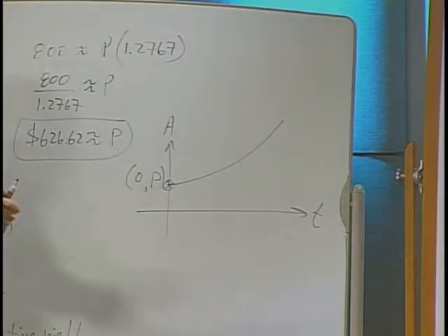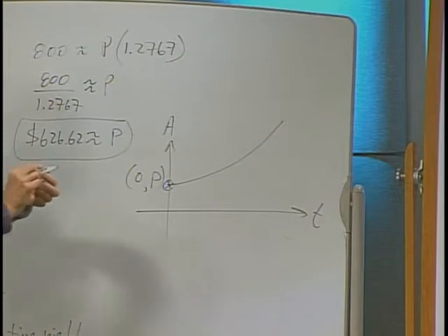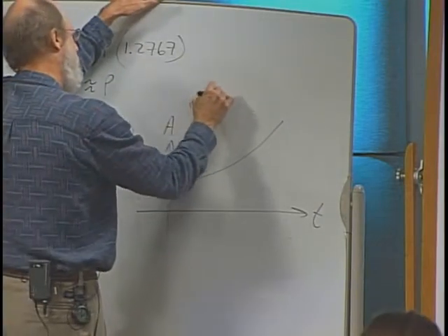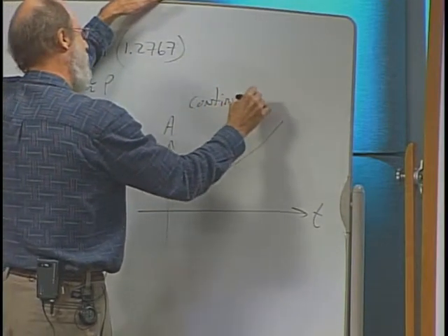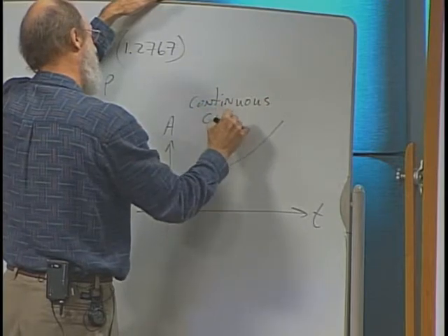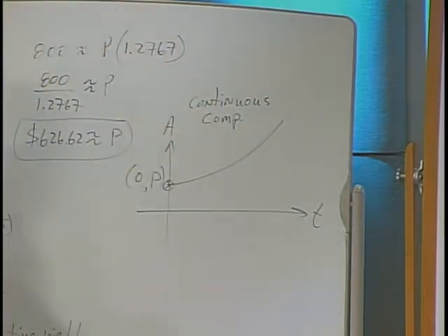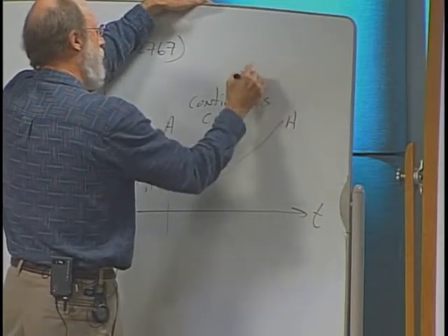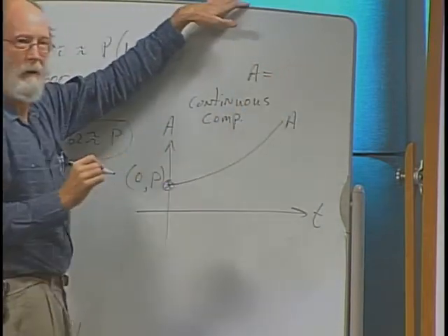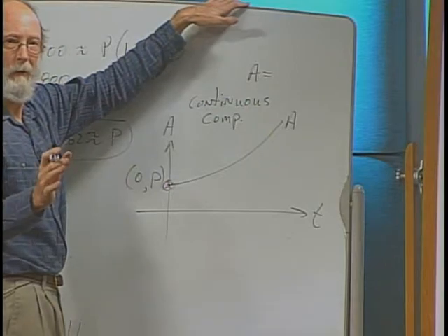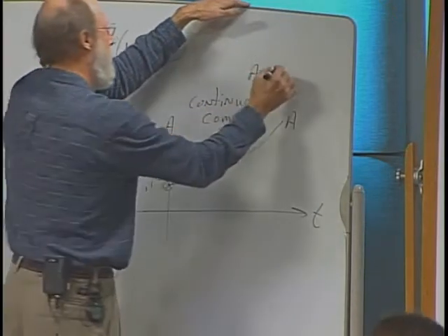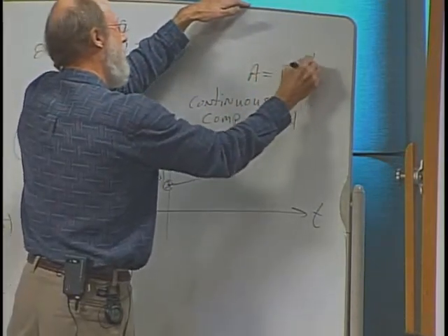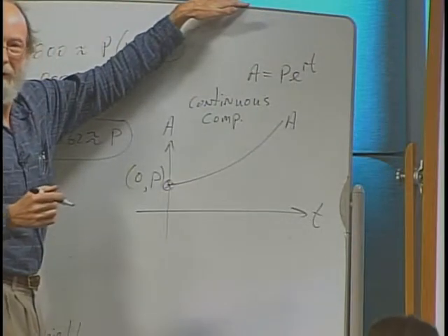Let's say it's continuous growth, continuous compounding. Okay, we have a continuous compounding model. So the model we're using for A is going to be what? P e to the rt, there it is.